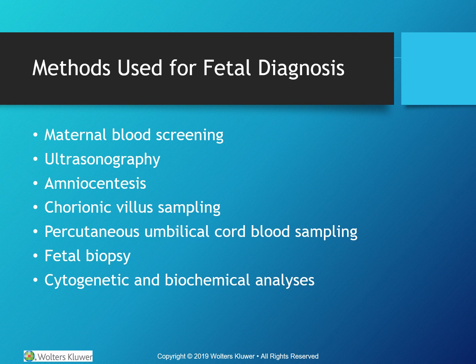Percutaneous umbilical cord sampling is an invasive procedure that does a transcutaneous insertion of a needle through the uterine wall and into the umbilical artery. It is performed under ultrasound after 16 weeks of gestation. It is used for prenatal diagnosis of hemoglobinopathies, coagulation disorders, and metabolic and cytogenetic disorders.